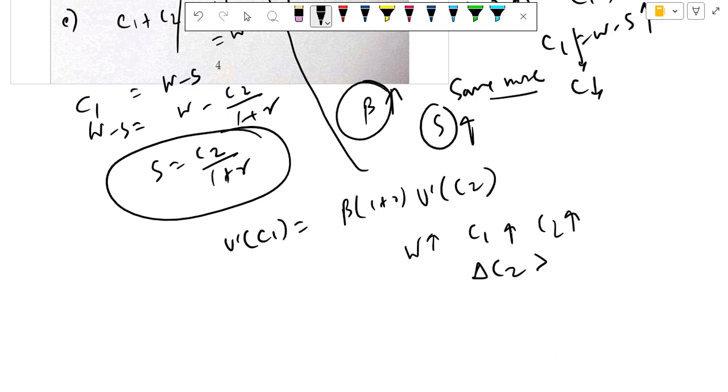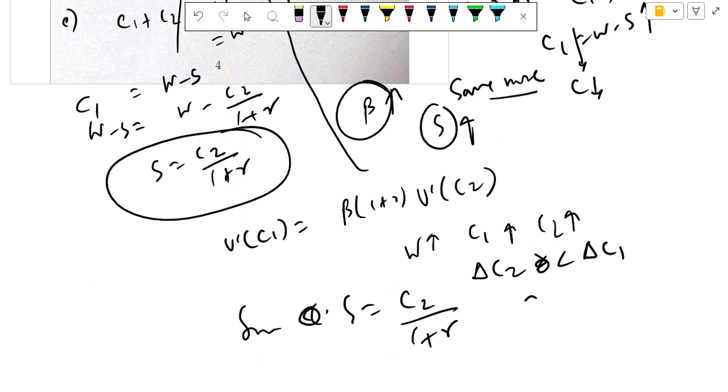So delta c2 is less than delta c1. Why? Since s equals c2 over (1 plus r), this c2 increase implies s also increases.